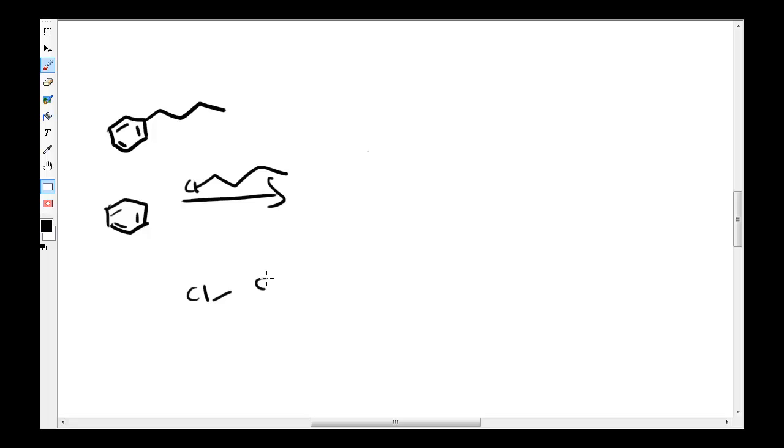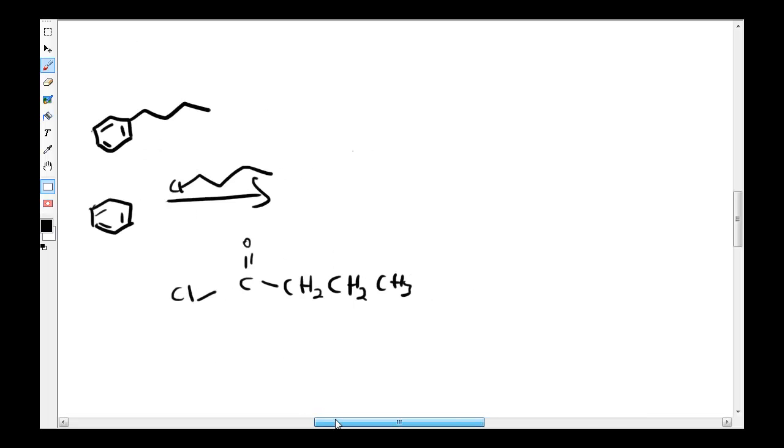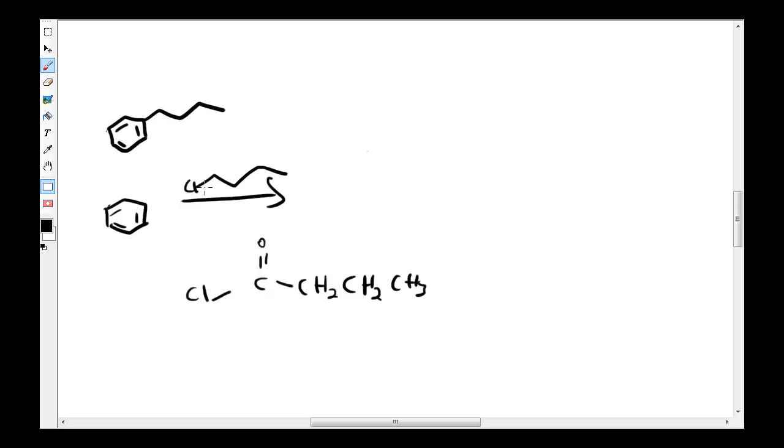So I would do something like this. Sorry, I know this is terrible. This is going to be the only way that we're going to be able to do any carbon or alkanes longer than 2 in length. Okay, so I'm going to go ahead and get this out of the way.